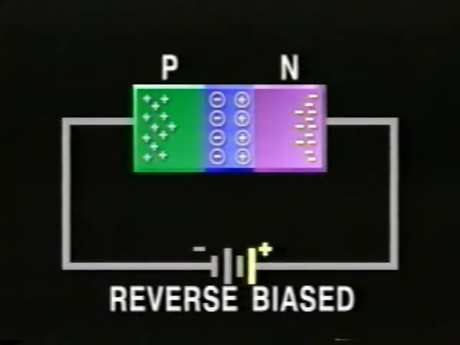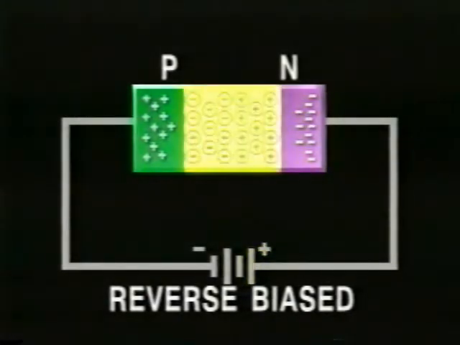Simultaneously, the electrons in the N material are attracted by the positive potential of the voltage source. They are also drawn away from the depletion region. As the holes and electrons move away, they leave more ions behind. This widens the depletion region. The greater the reverse bias, the wider the depletion region, and the greater the barrier potential.